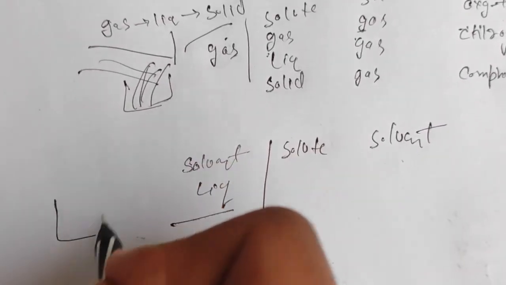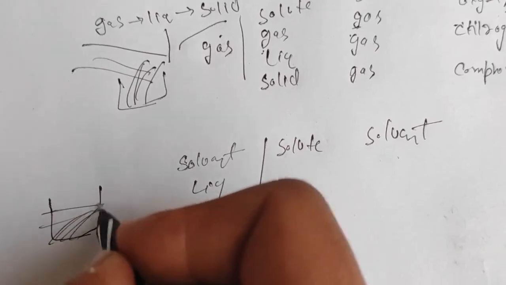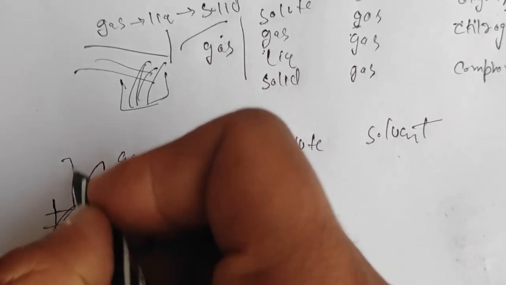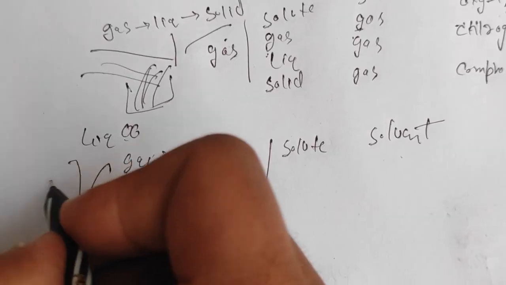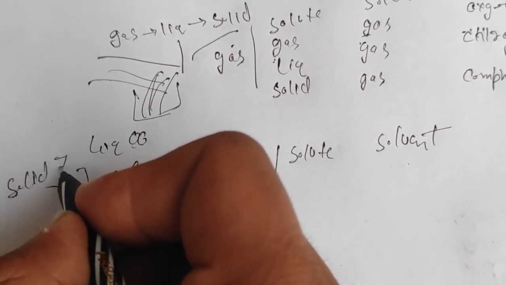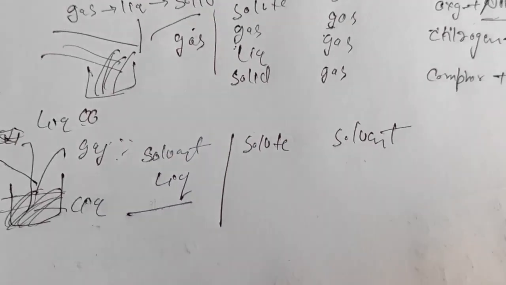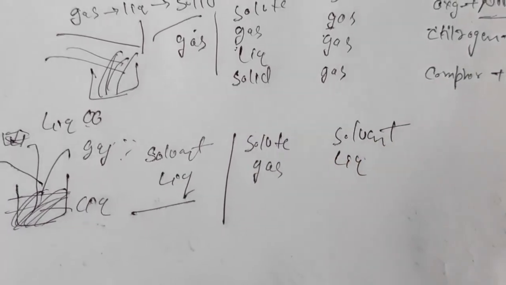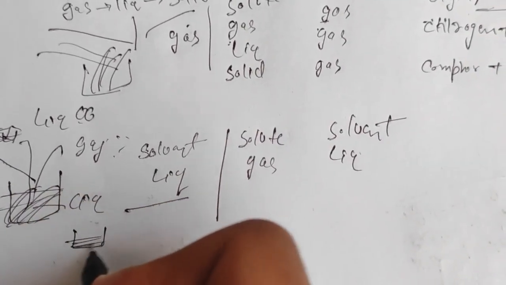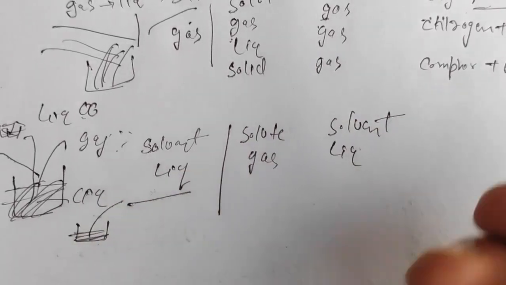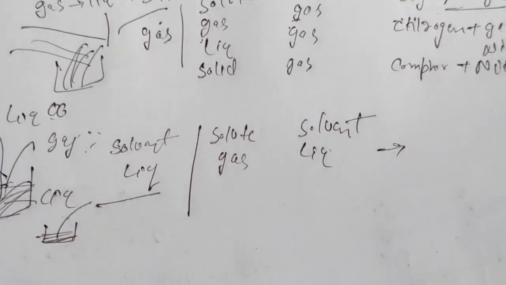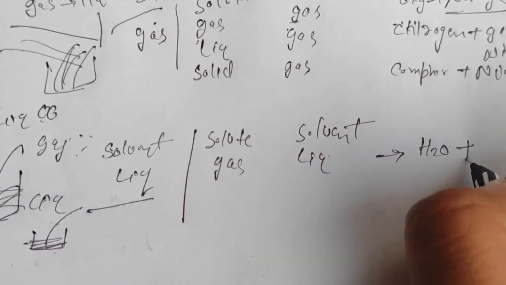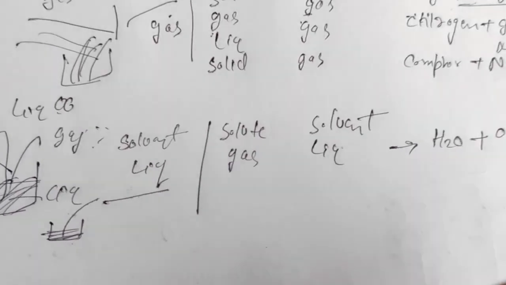This is our beaker where we put the liquid, and we vary it with gas, liquid, and solid. First, the solvent is liquid and the solute is gas, so we have a large amount of liquid and a small amount of gas. For example, the liquid is water, H2O, and we add some gas, for example oxygen.